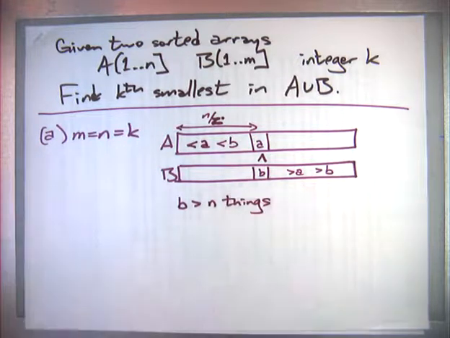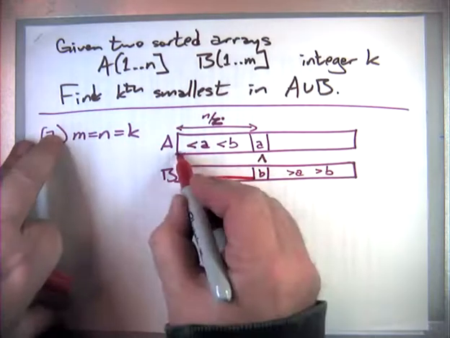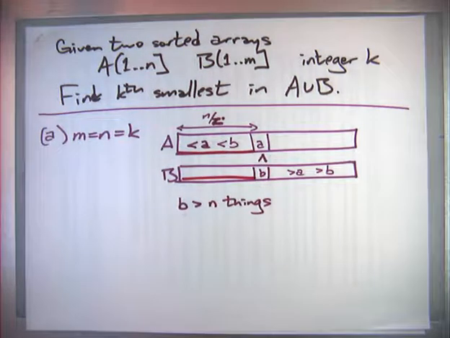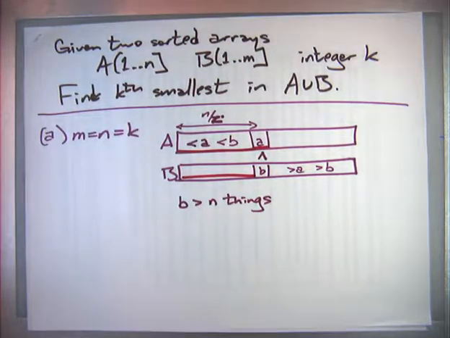Specifically, B is larger than these n over 2 things on the left side of B. B is larger than these n over 2 things on the left side of A. And B is actually larger than A. Okay? So B is bigger than half of the elements of this array. Right? Symmetrically, I know that A is smaller than half of the elements of the array.